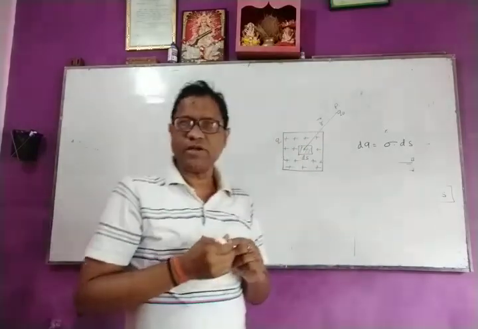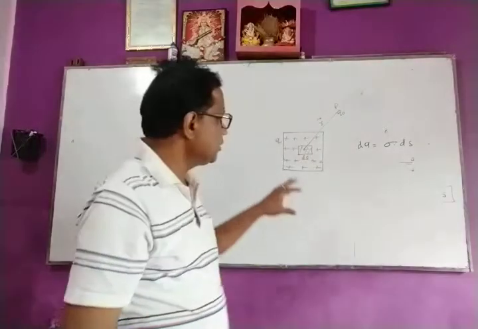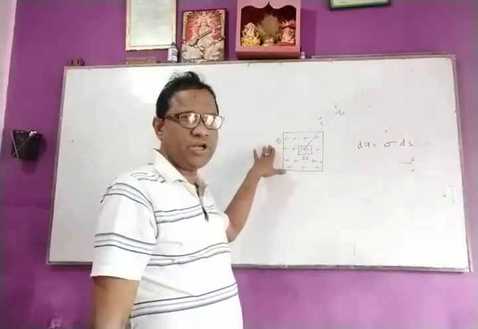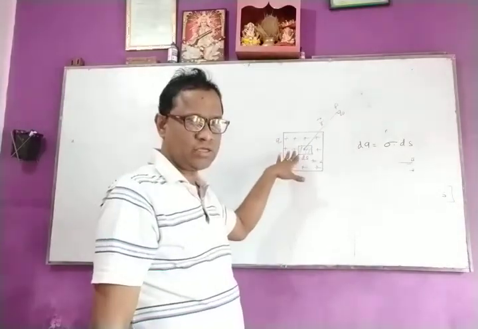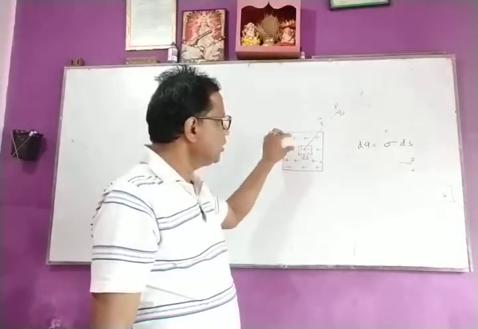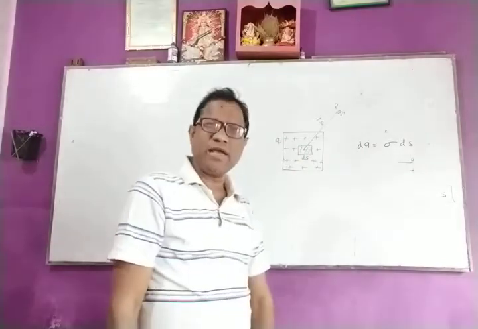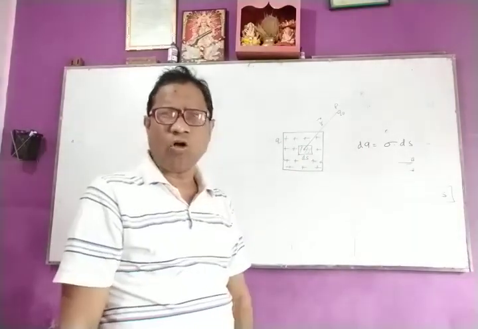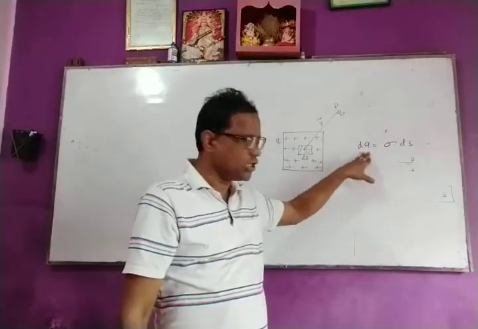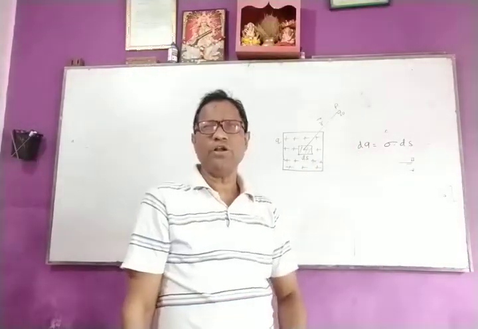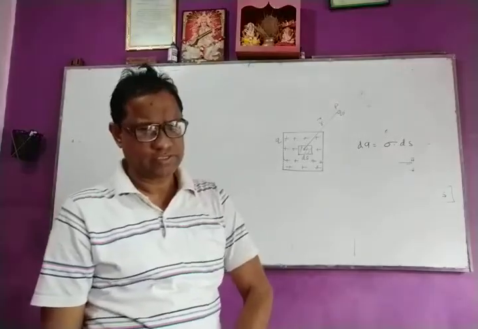In this figure, it is clear. Charge Q is distributed uniformly on the surface of area S and imagine a small portion of area ds. So charge on this portion dq is equal to sigma dot ds.